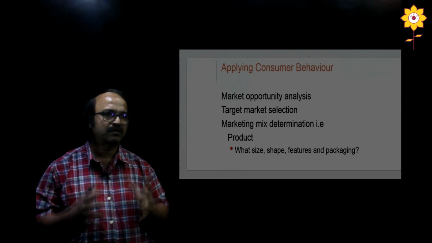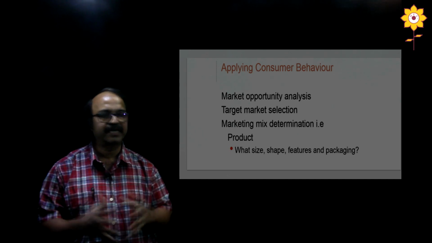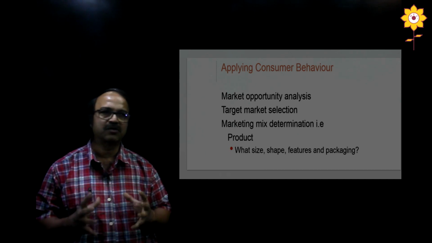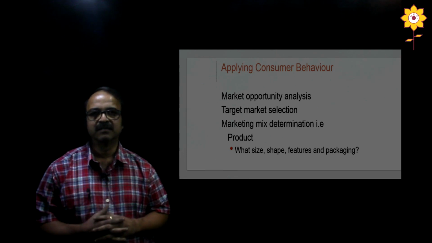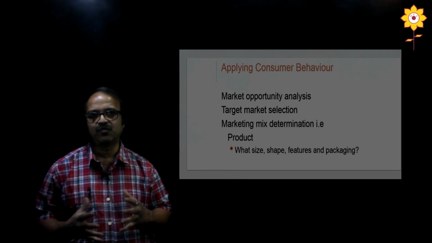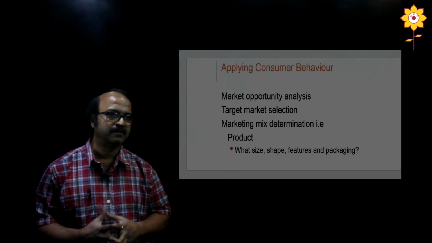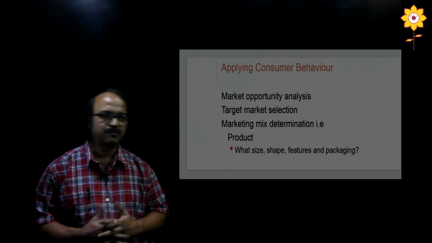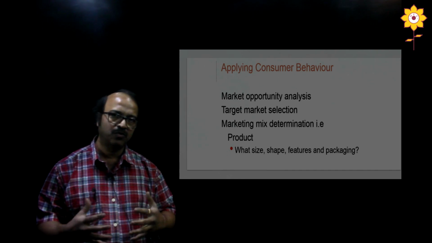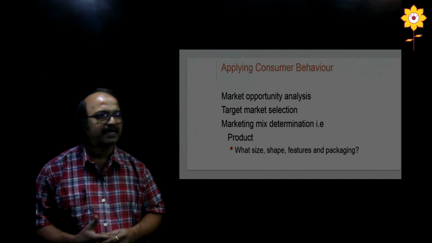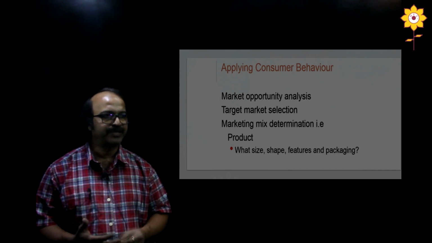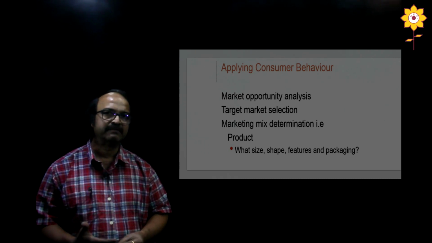Then it has to work on target market selection, which market it has to select, and it has to work on the marketing mix. What is the marketing mix? It is the 4 Ps. We all know about the 4 Ps. The first P is product. When we look at the product which has to go into the market, what size, shape, features, and packaging should it have?